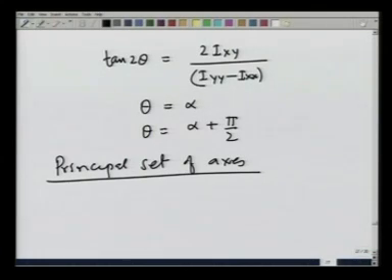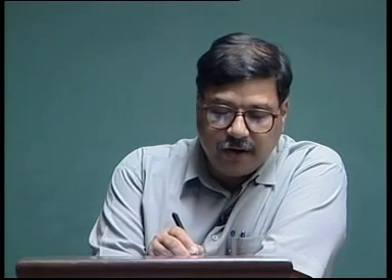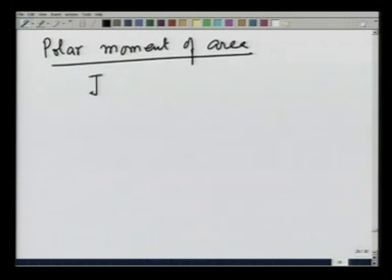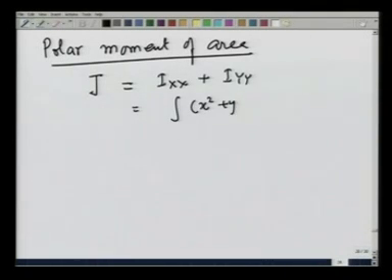Having made this point, let me now define something for you which is known as the polar moment of area. This is usually written as J. It is nothing but I x x plus I y y, and therefore is equal to the integral of x square plus y square dA, or r square dA.